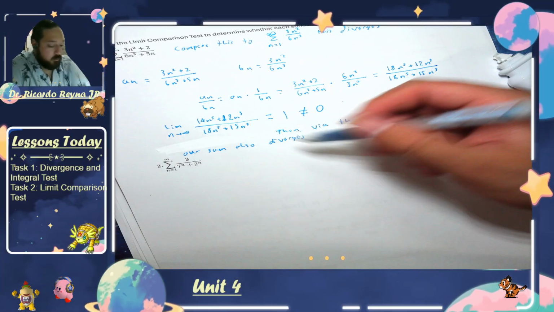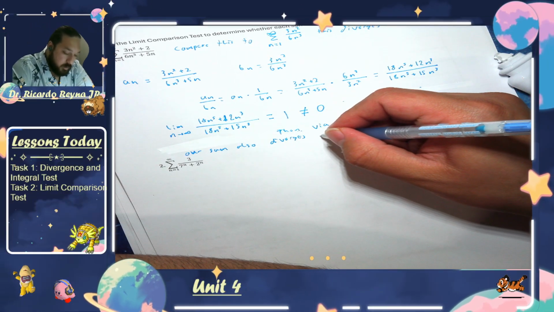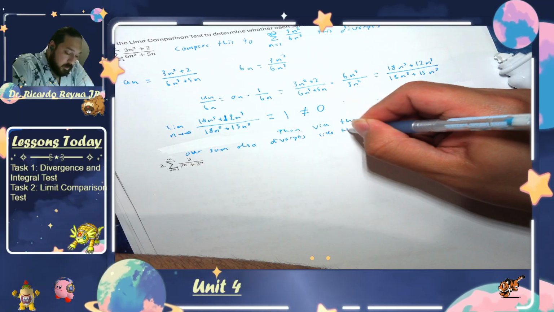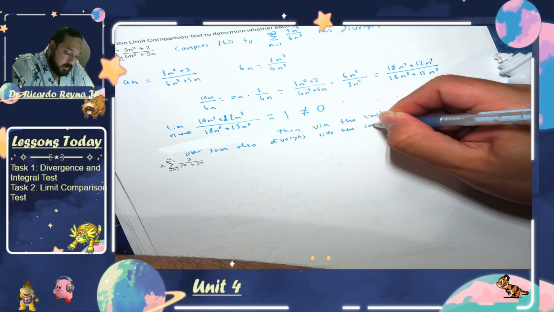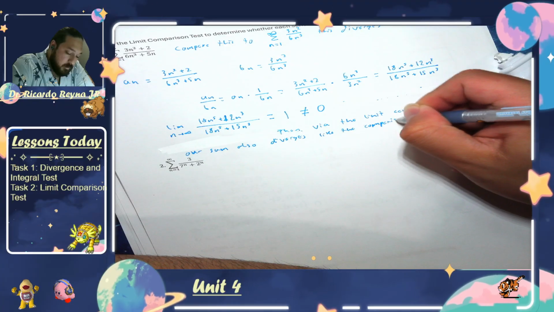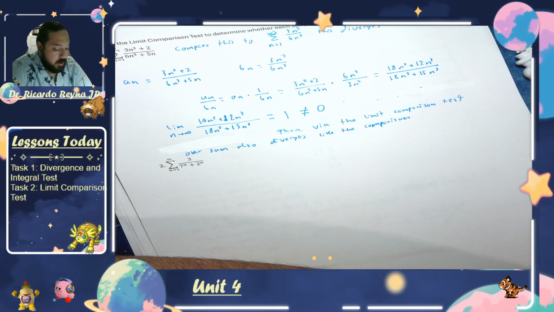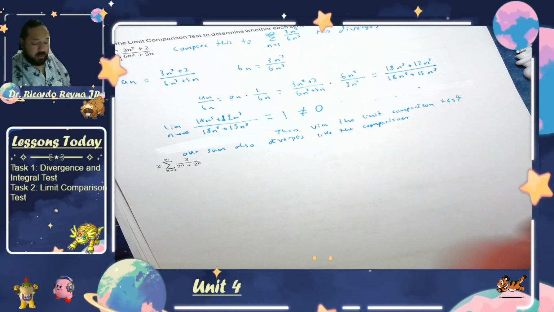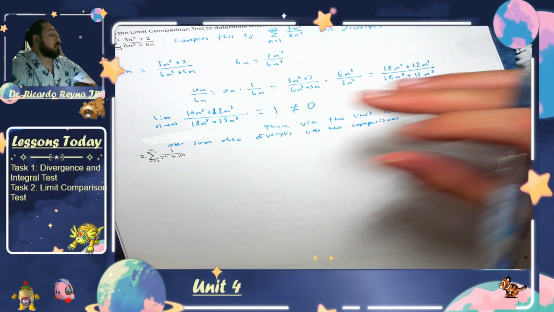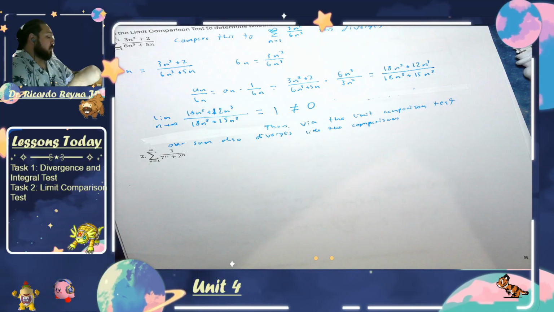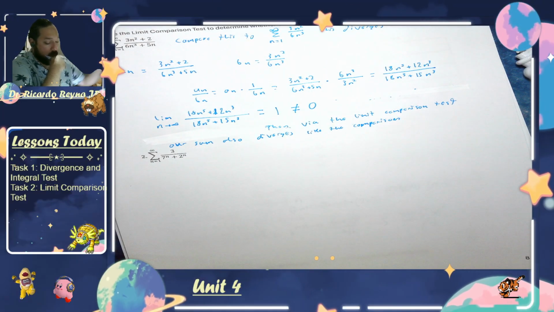Then our sum also diverges, like the comparison. Okay, sorry, I think I confused the strategy on top of the other strategy.